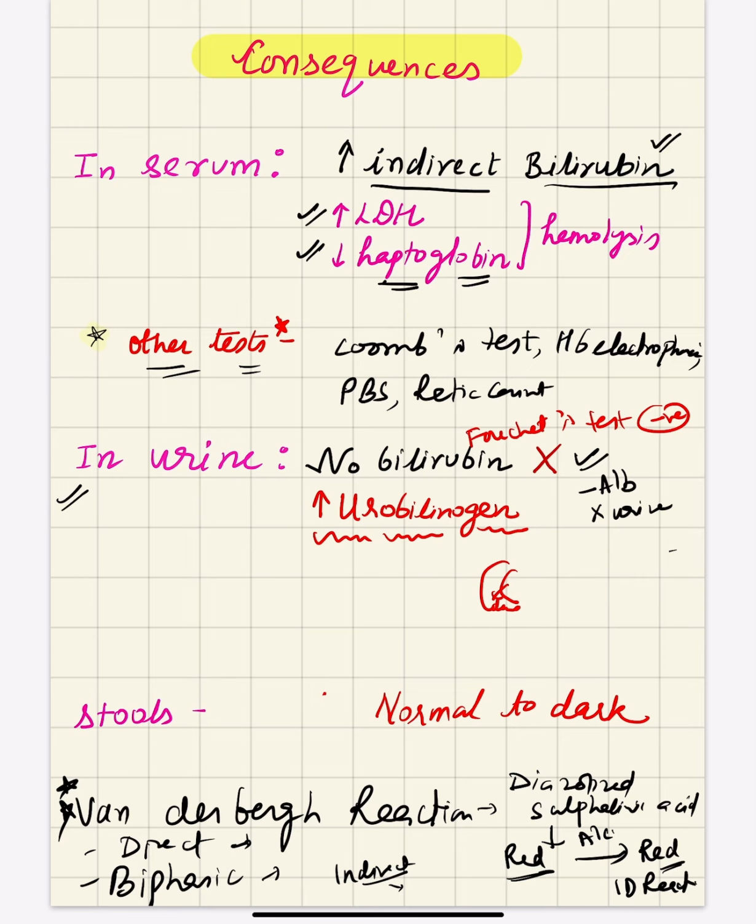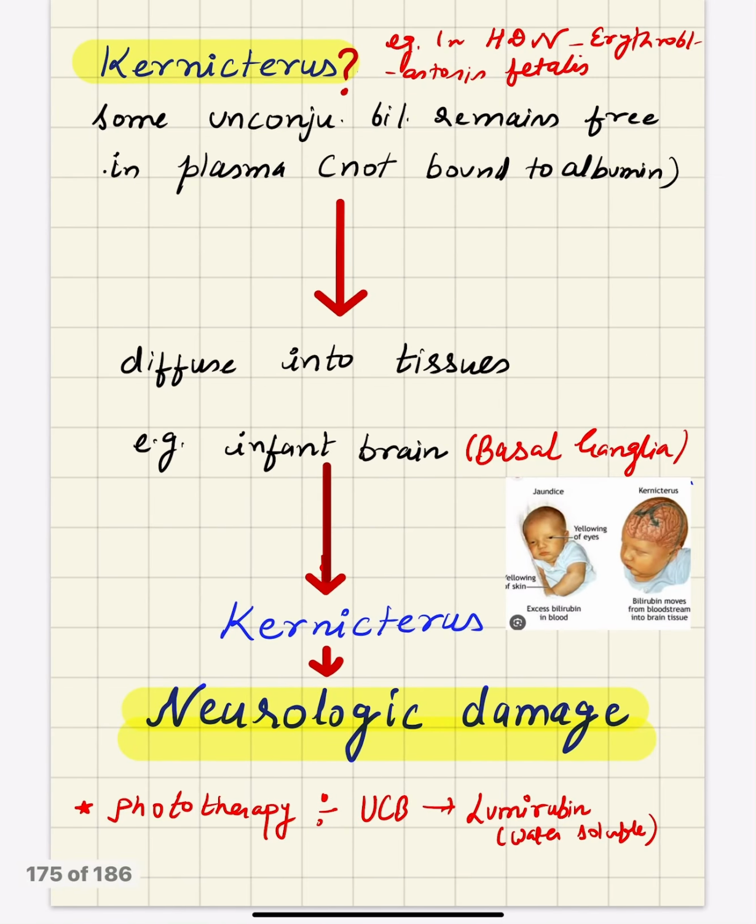The urobilinogen in the urine will be detected by the Ehrlich aldehyde test. And in the stools also, since stercobilinogen is formed, it will be either normal in color or dark in color. So these were the consequences if there is increased indirect bilirubin in the blood.